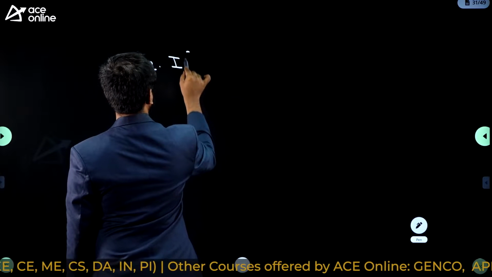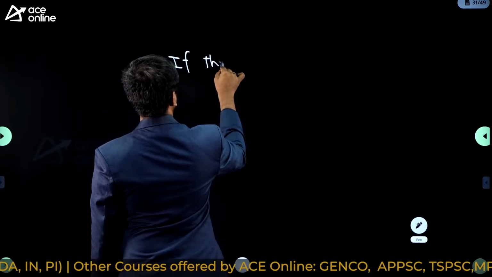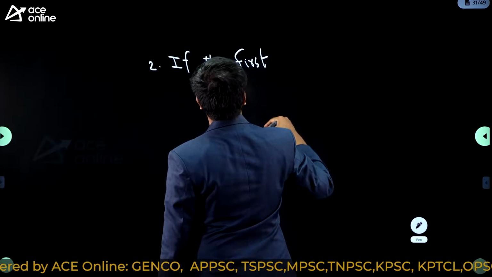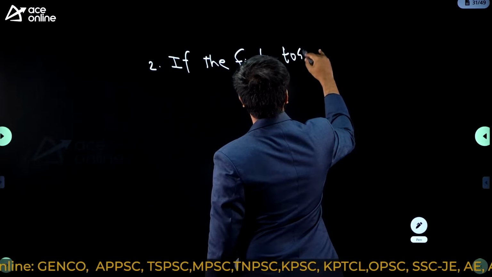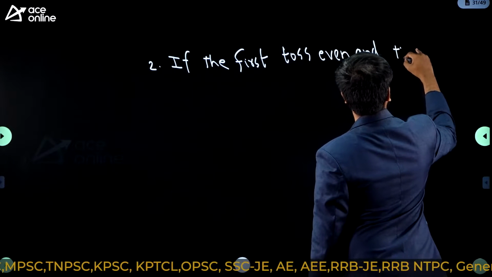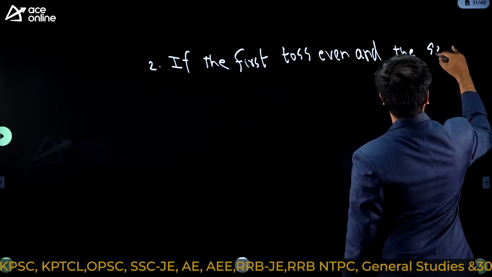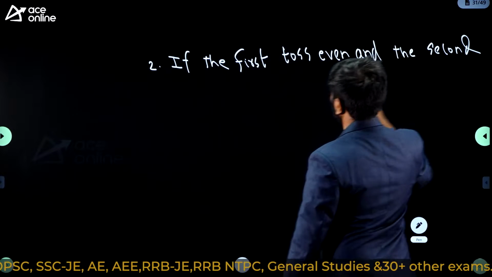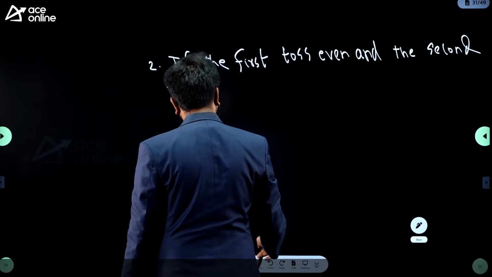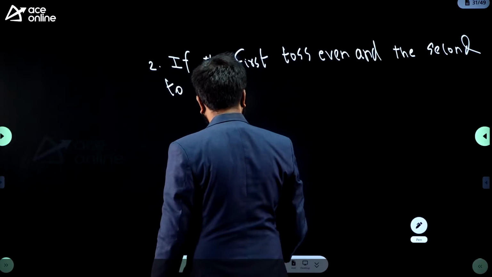Suppose the first toss is even and the second toss is odd. You can write toss or throw, whatever is convenient.